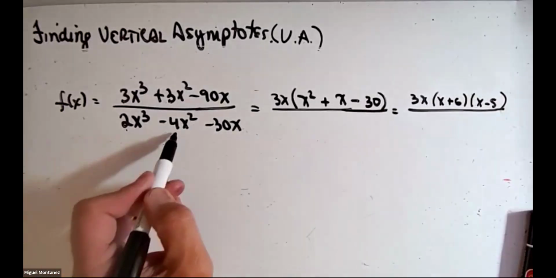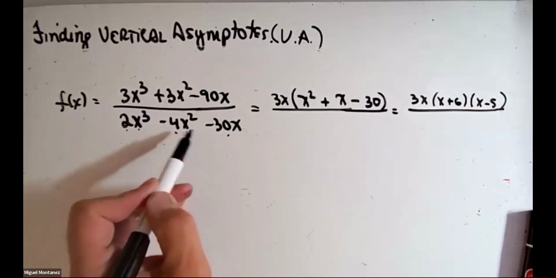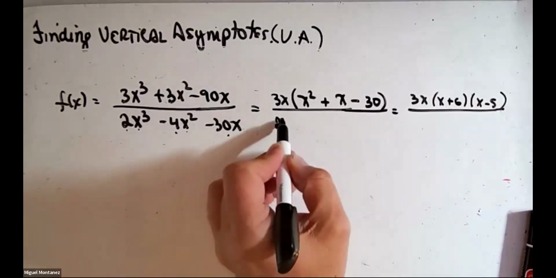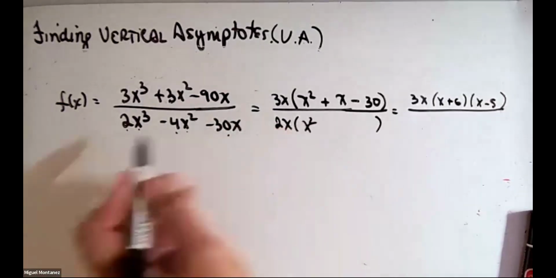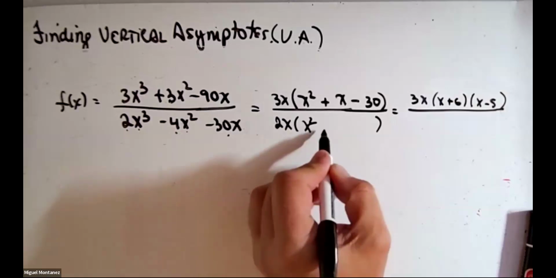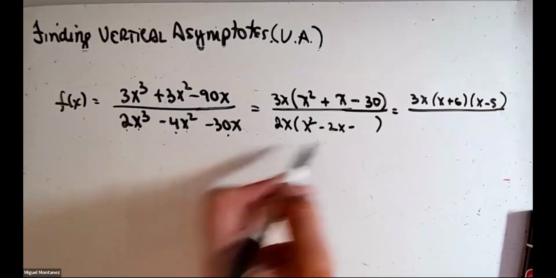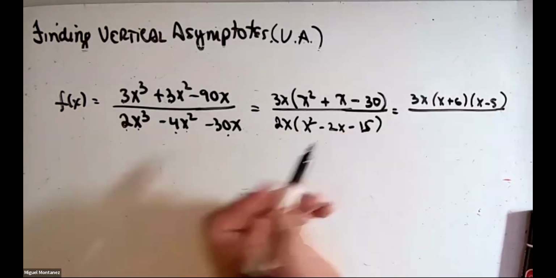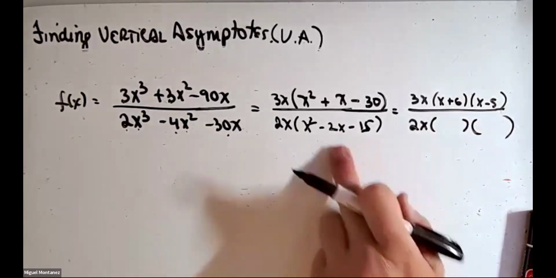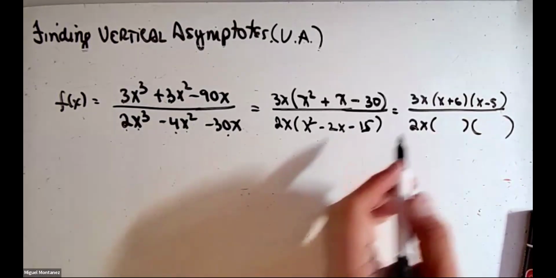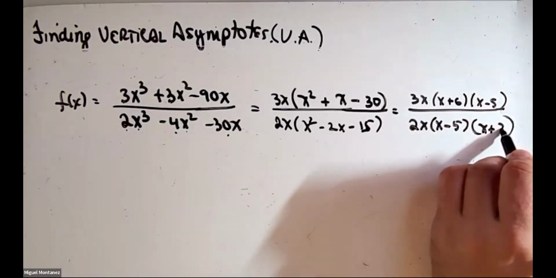The denominator, the numbers 2, 4, 30 are even, x cubed, x squared, x to the 1, so I can always factor out the 2x, will be x squared minus 2x minus half of 30, that will be 15. Factors of negative 15, that gives me x minus 5, x plus 3.